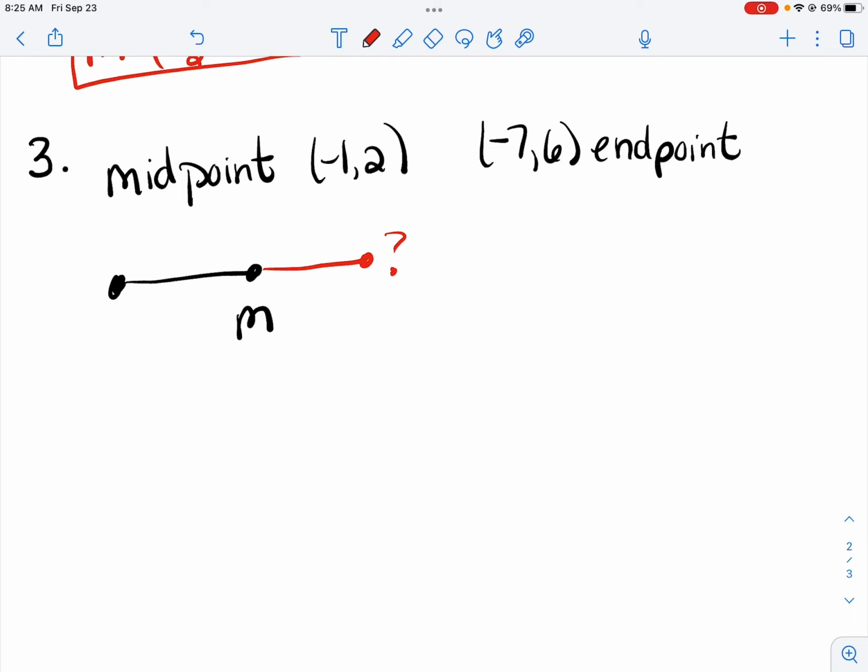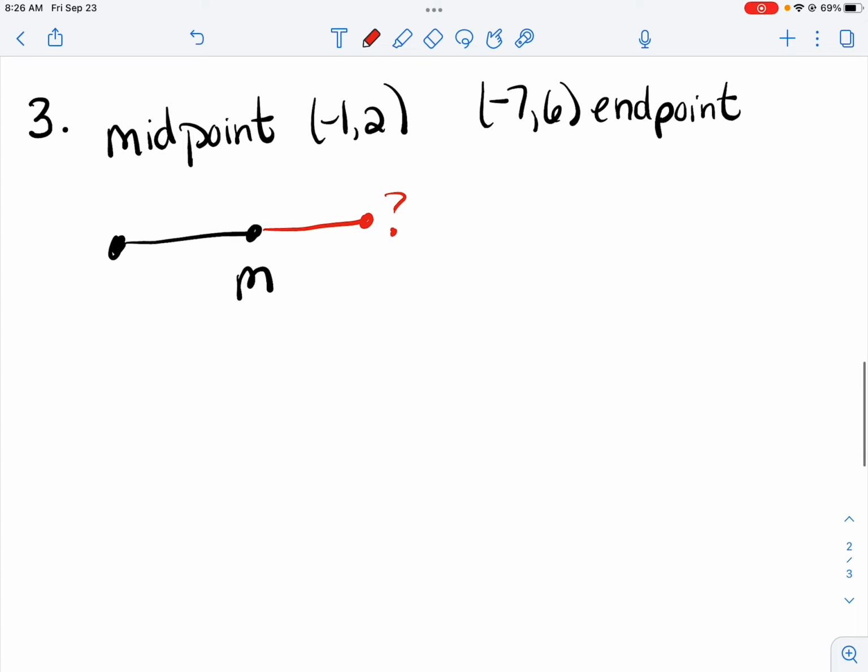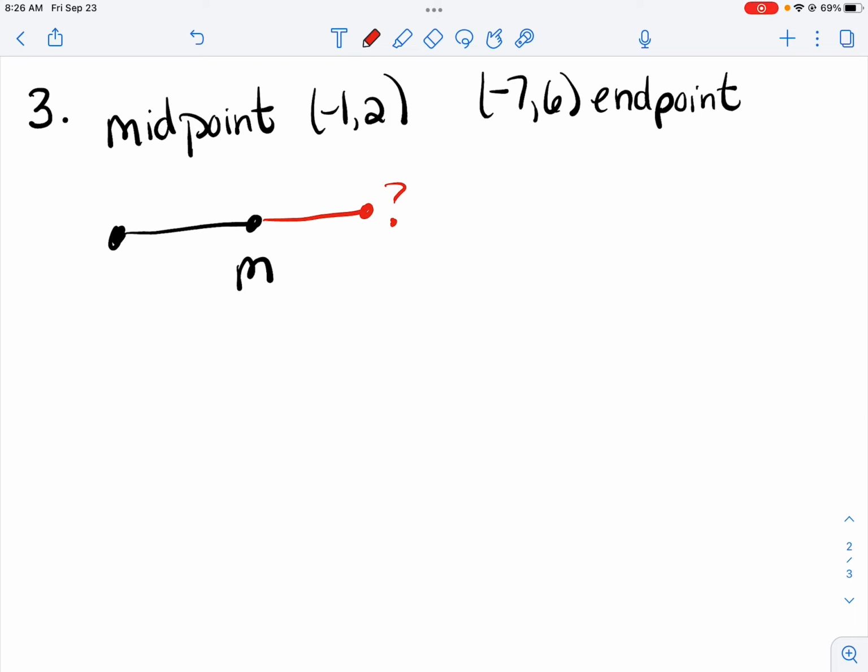You might want to talk with the instructor that you're working with just to see how they prefer the problem to be worked. I like using a graph to work this problem, but you can also use equations. So I'm going to go ahead and sketch my Cartesian plane.